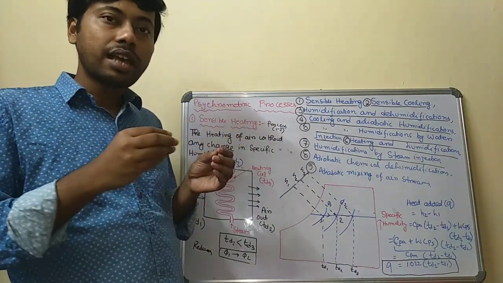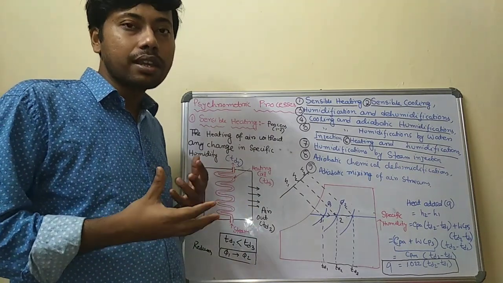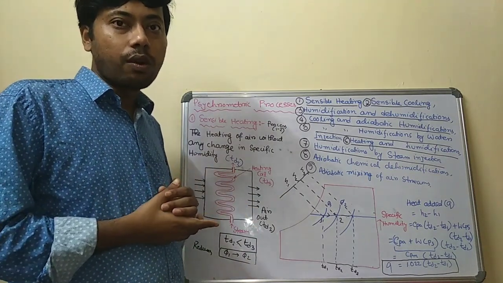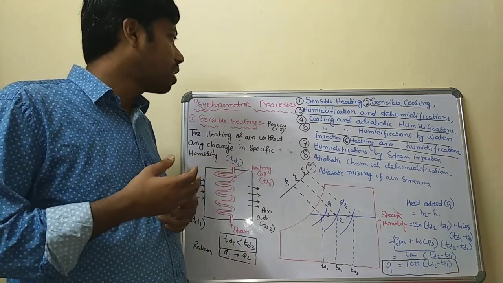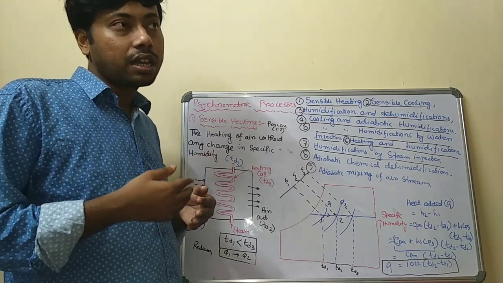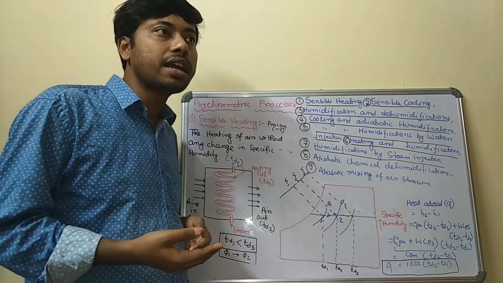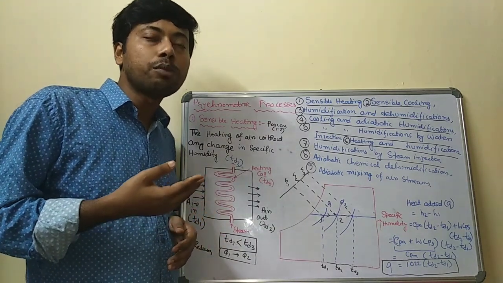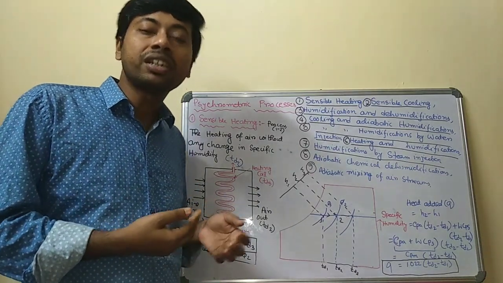Psychrometric, as you know, deals with the study of moist air. So for psychrometric processes, there are processes in which you can understand or calculate the change of properties in moist air thermodynamically.